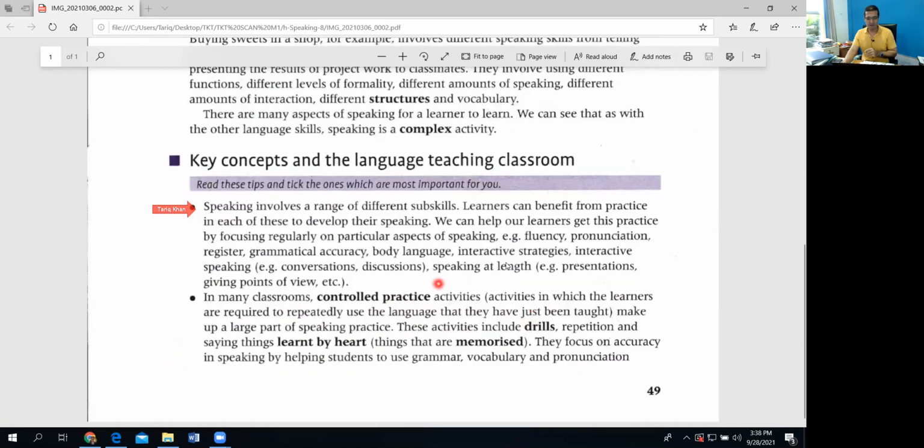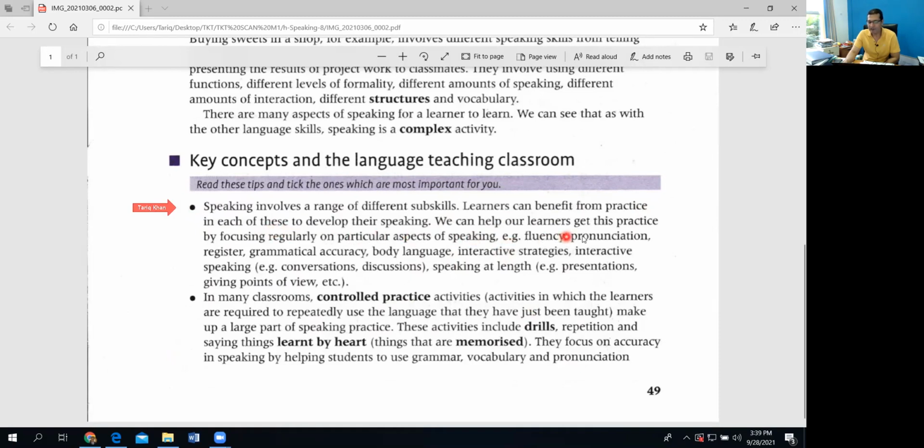Now we will go to the classroom and see what we can do in the classroom to teach speaking. Speaking involves a range of different subskills, as we discussed above. Learners can benefit from practice in each of these to develop their speaking.